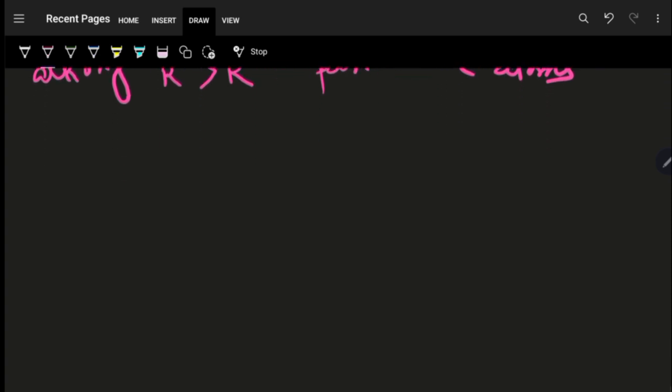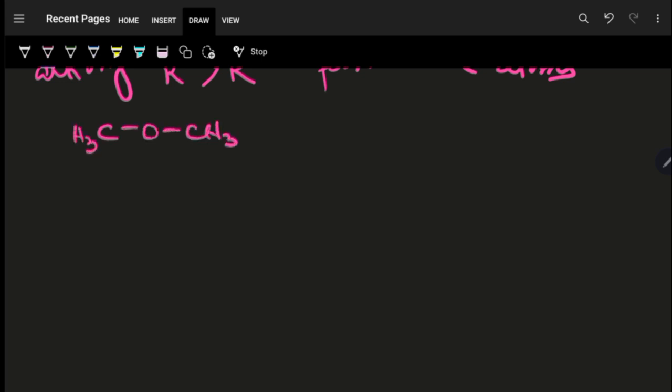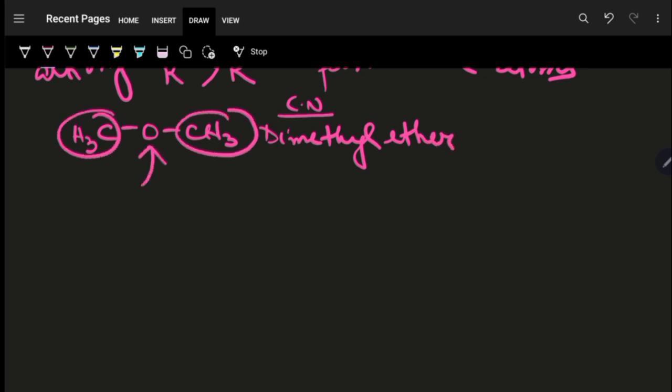Let us see. The simplest possible naming is CH3OCH3, with 1 carbon atom on both sides. It's an example of a symmetrical ether. The common name is dimethyl ether, because there are two methyl groups in the ether linkage.